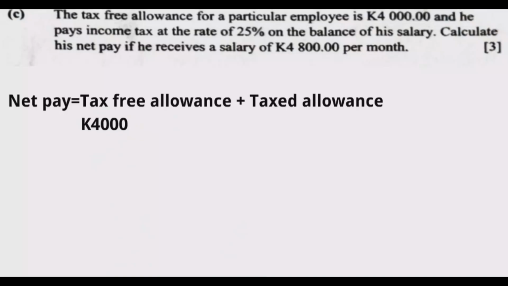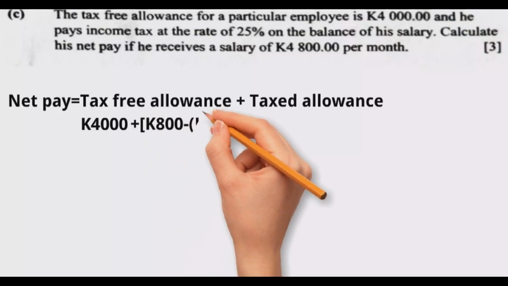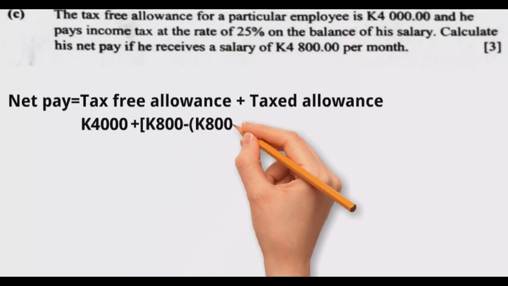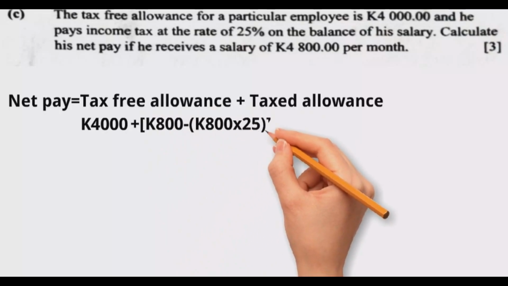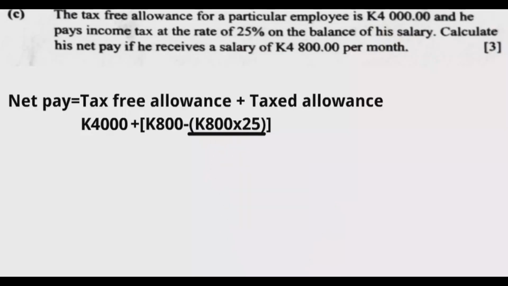We say open bracket, the taxed part is coming from 800. Since the salary is 4,800, that means they only deduct tax of 25% from 800. So we say open bracket 800 kwacha minus open bracket 800 times 25%, or times 25 over 100.